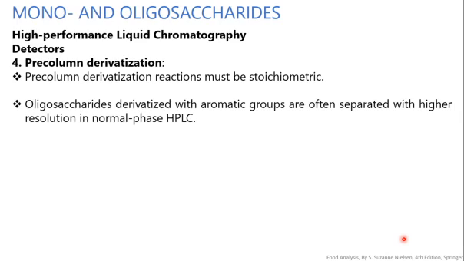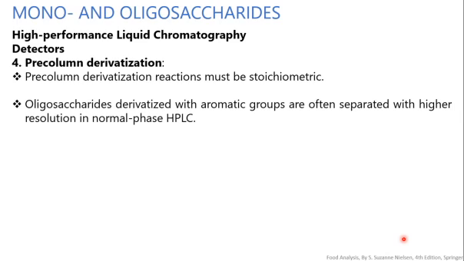Then the next one is the pre-column derivatization. So pre-column derivatization reactions must be stoichiometric. Means what? We have to take the particular reagent along with our analyte of interest in stoichiometric ratio. Suppose we have to replace any atom in a particular group.